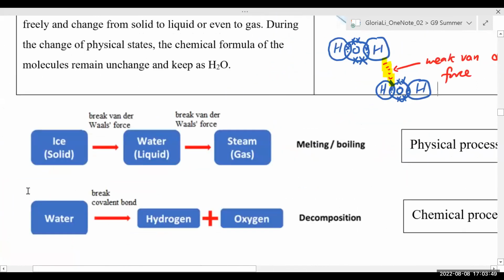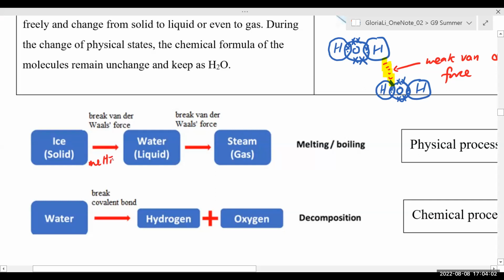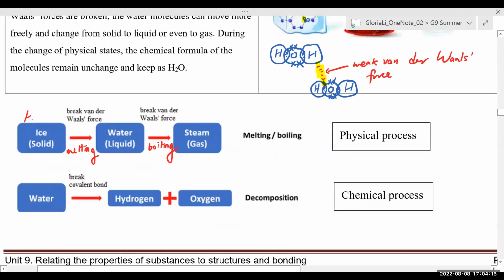That's why we say when ice changes into water, it involves breaking part of the van der Waals force. This is what we call melting. If more van der Waals force is broken, it will involve boiling to change the liquid water into the gaseous form of water. In this process, whether it is H2O ice, liquid, or steam, the chemical formula stays unchanged.